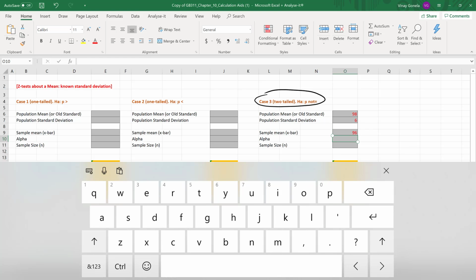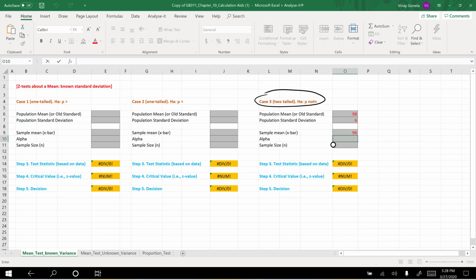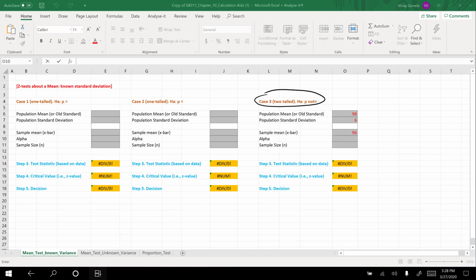And then the alpha significance level. So let's see what the significance level given is.